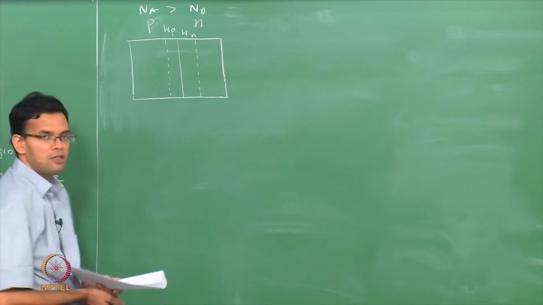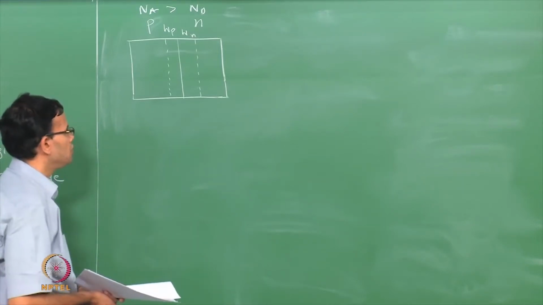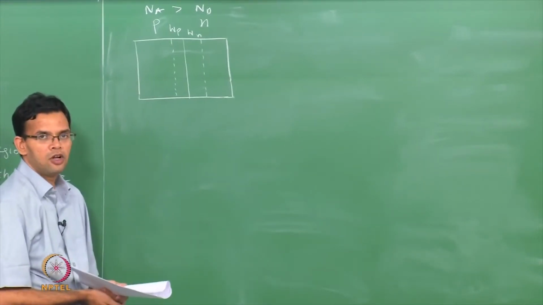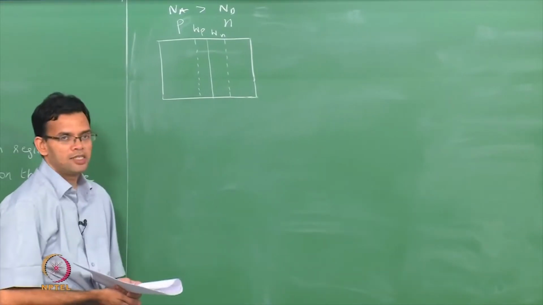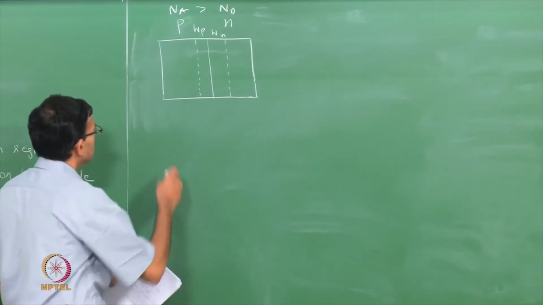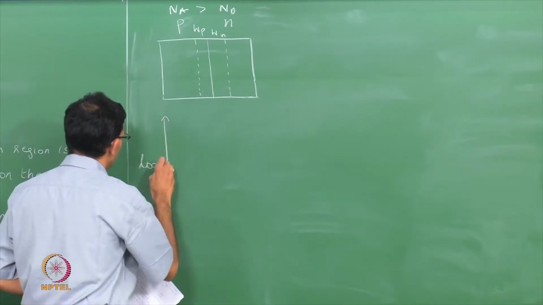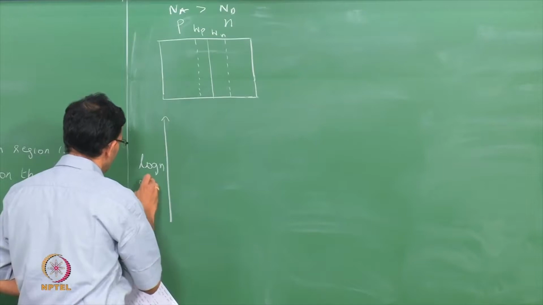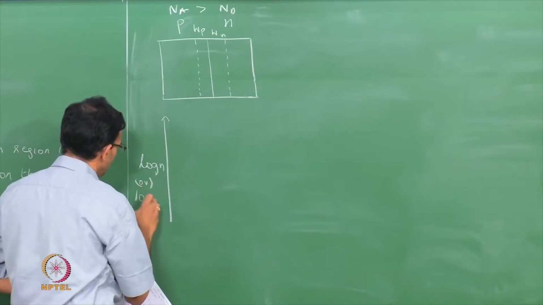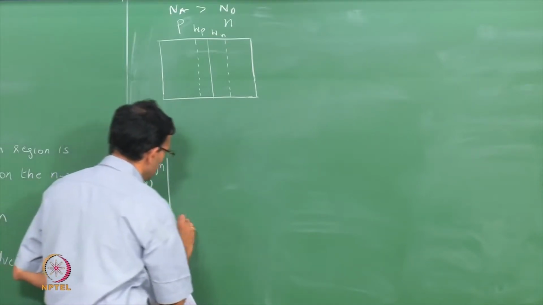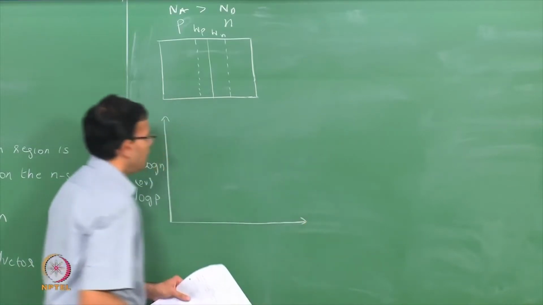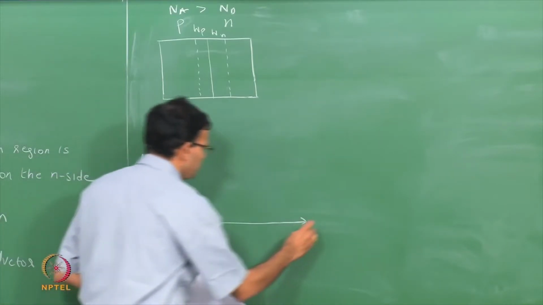So, if you plot a log of how the concentration of electrons or holes change as a function of distance, I will plot log of n or log of p as a function of distance.